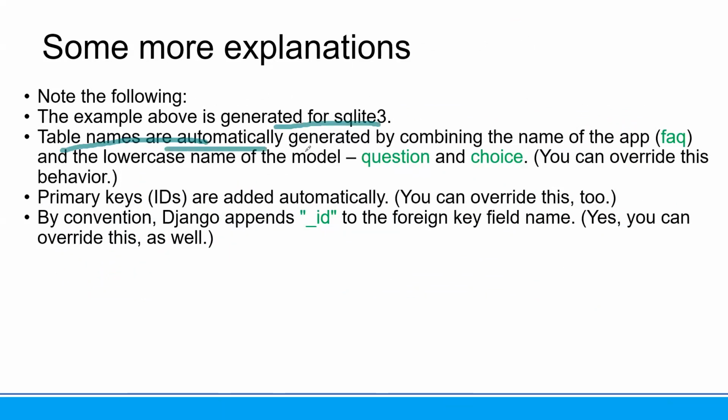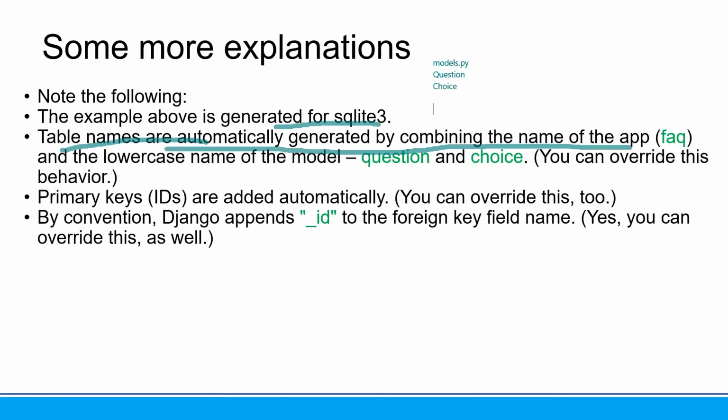The table's name is automatically generated by combining the name of the app. When you specify the tables in models.py, you specify Question and Choice. So what does it mean by this Question and Choice? This is the table name.